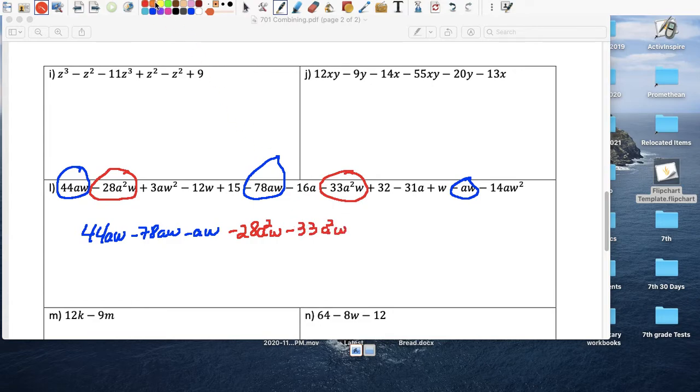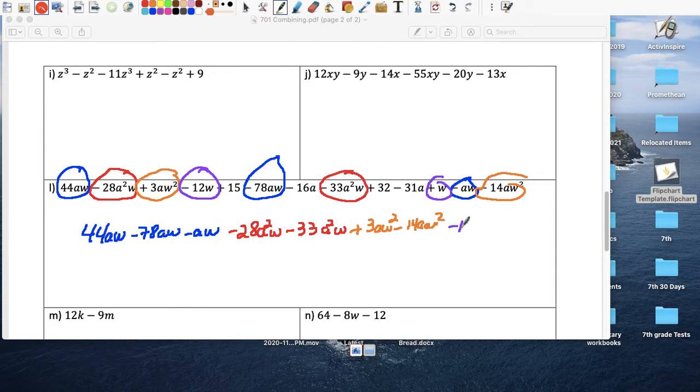Change colors. Let's do a w to the second power. There's one right here. So it's plus 3a w to the second power minus 14a w to the second power. Yuck. Anything just w's, just plain w. Here we have 2.